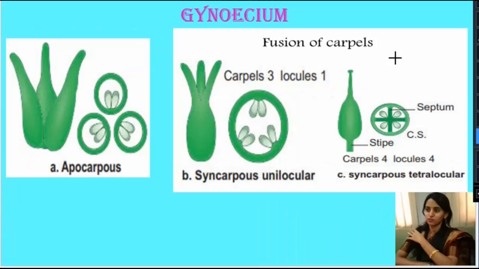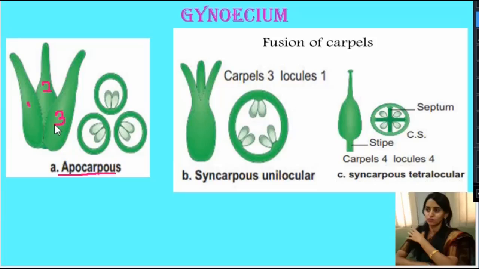As I said, the number of carpels varies from flower to flower. When the carpels are many, and if they are free, that condition is known as apocarpous. What is apocarpous? You look at this, there are 3 carpels. This is 1, 2 and 3.